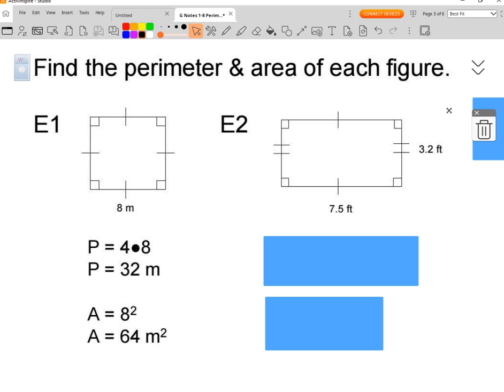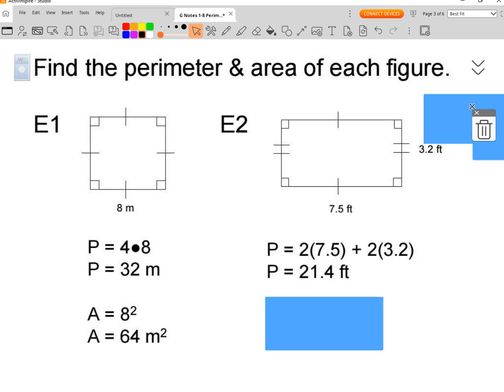One of the most common mistakes is kids will add these 2 sides and tell me that's the perimeter of this rectangle, but it is not. All 4 sides have to be added. So 2 times the length plus 2 times the width, the formula we just wrote down, gives us a perimeter for this rectangle of 21.4 feet.